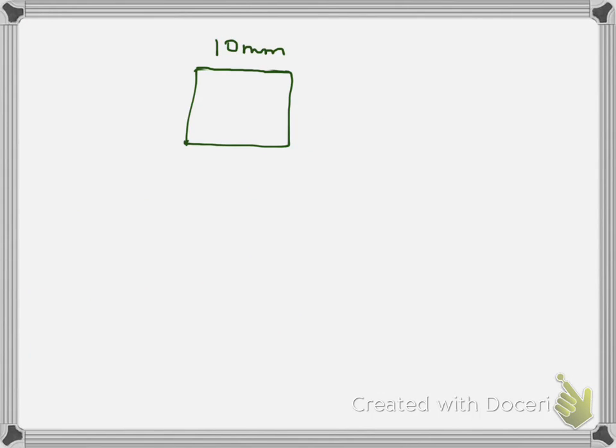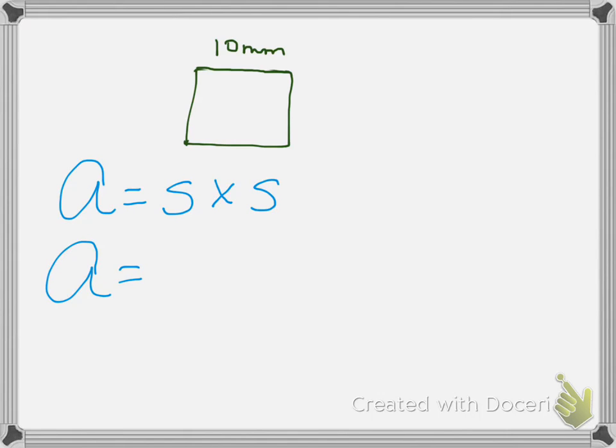Okay, what if I have a square here? So I have a square here, so I think about it. And again, what's the first thing I have to do? Write my formula. That's right. Area equals side times side. And so I say area equals, what's my side?